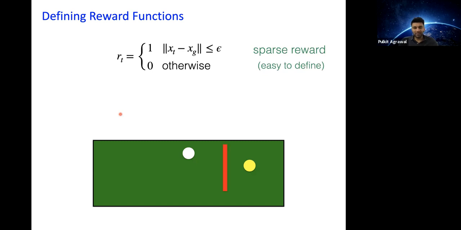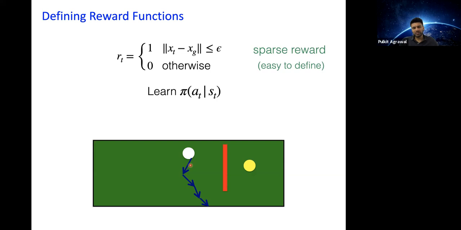So, for example, over here, if I'm trying to learn my policy, I try out one set of actions, I reach over here, I don't go to the goal. I try out another sequence of actions, I might end up over here. I try another sequence. All of these trajectories are equivalent for the agent because in all of them it gets a reward of zero.